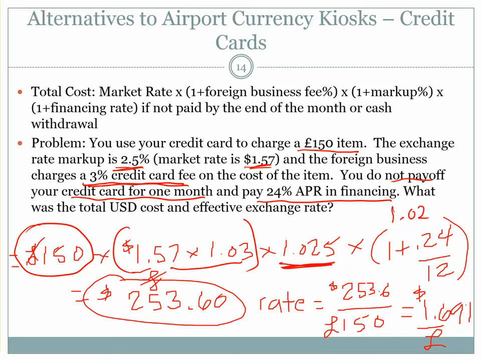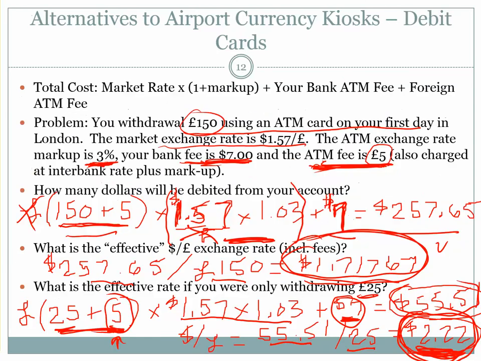Take 24% over 12 months, 2% per month. I'll add 2% interest. So in this case, that £150 cost me $253, which is an effective exchange rate of 169, which in this example is actually a little bit cheaper than using your debit card.